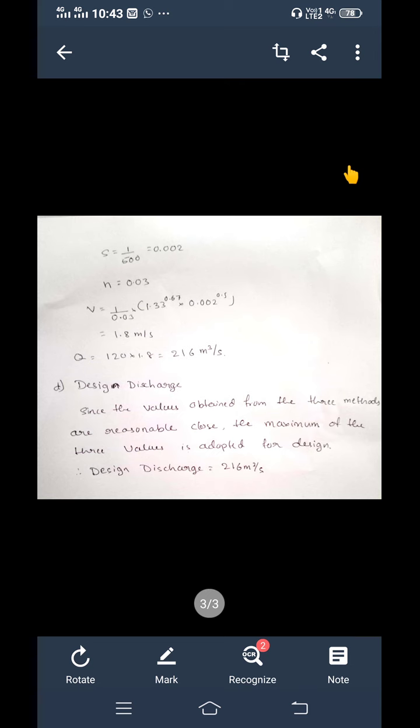So V is equal to 1 by 0.03 into 1.33 raised to 0.67 into 0.002 raised to 0.5. So our velocity is equal to 1.8 meter per second.